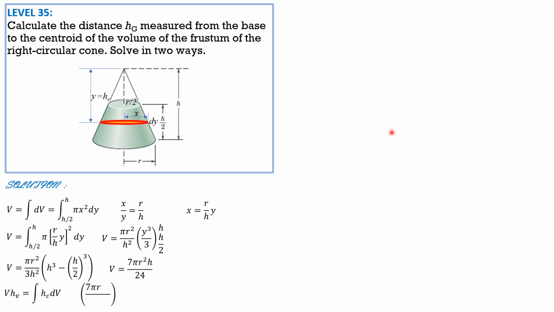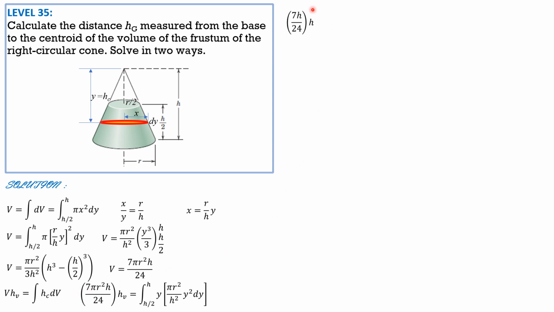So substitute 7 pi r squared h over 24 times h sub v equals integral of y, from h over 2 to h, of dv. If we simplify, pi r squared over h squared y squared, then dy. Cancel out pi r squared.